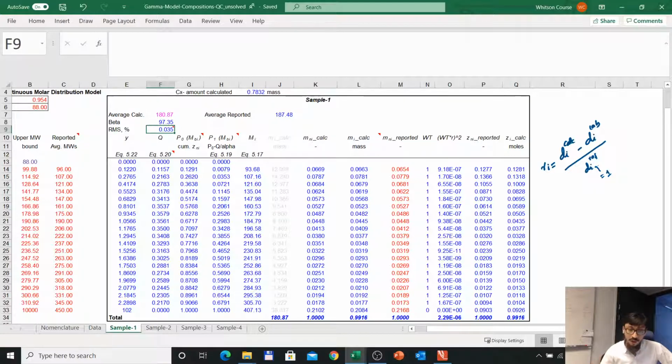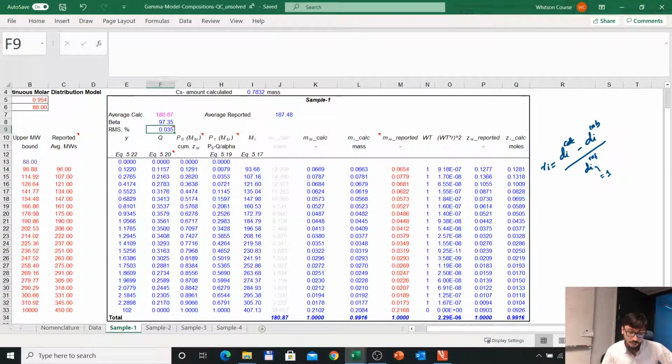So their residual will be considered more important to be minimized when we are minimizing the total RMS.